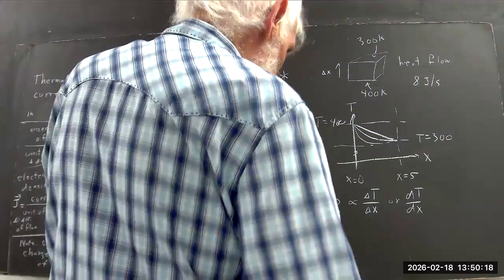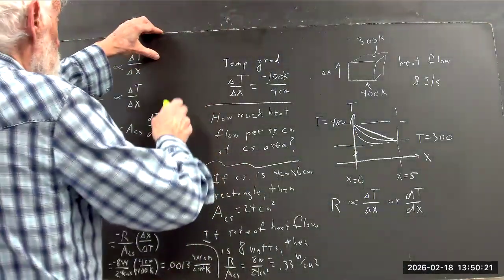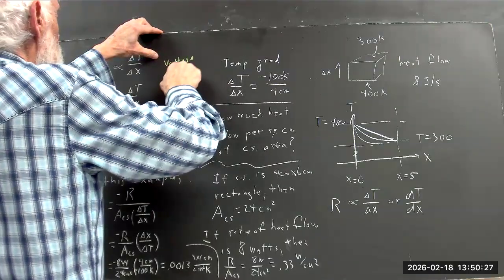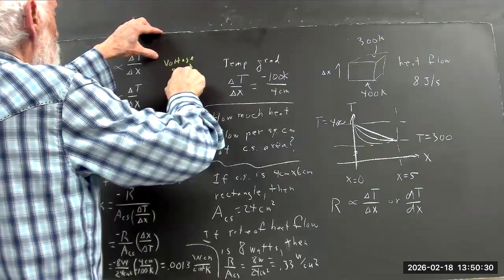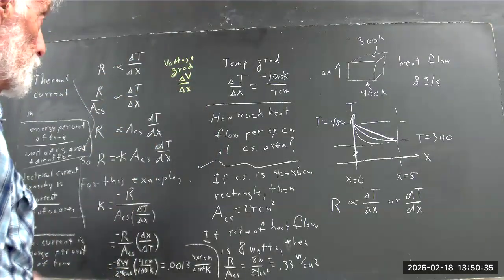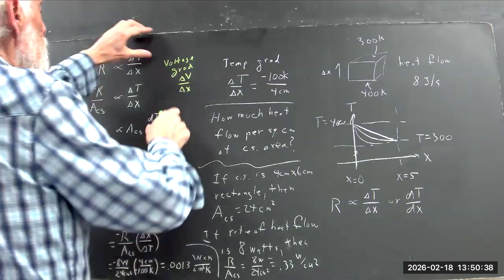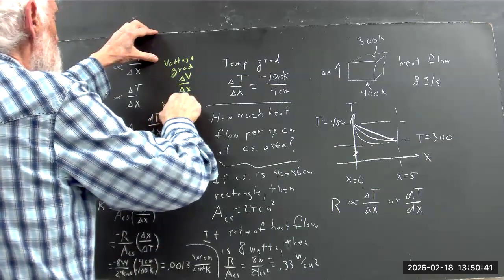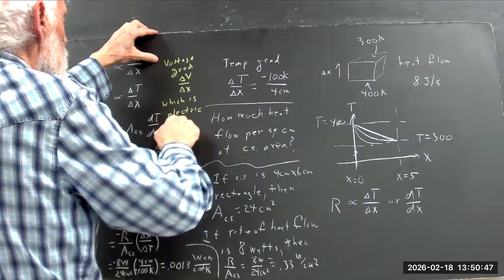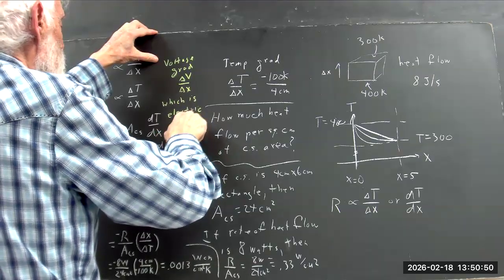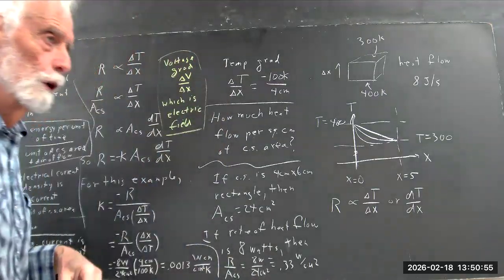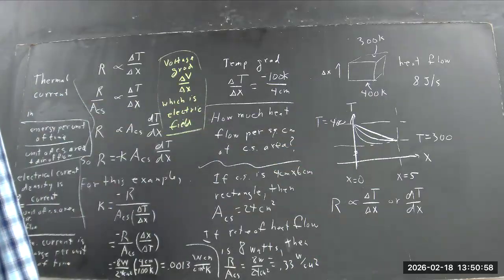So that analogy to temperature gradient is a voltage gradient, which would be like delta V over delta X. Which is electric field. I started to say that very incorrectly. Too close to lunchtime. Okay.